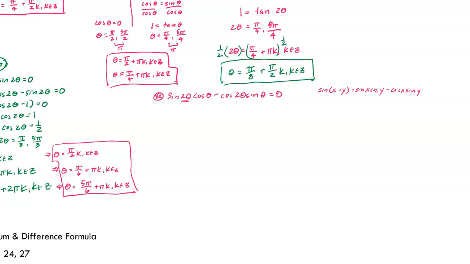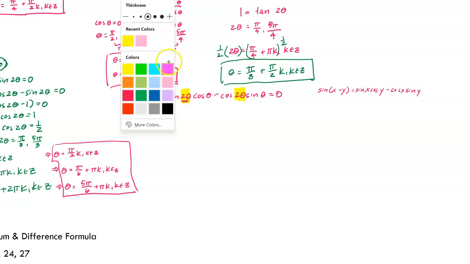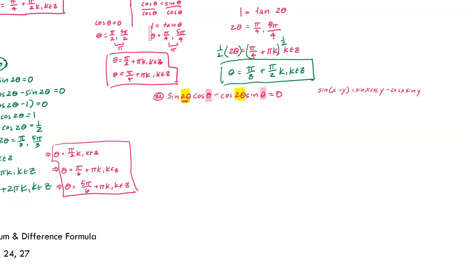Okay, so when I identify that, 2 theta is the first angle, and theta is the second angle. And then I could put it into that formula and condense it. So it becomes sine of 2 theta minus theta equals 0.